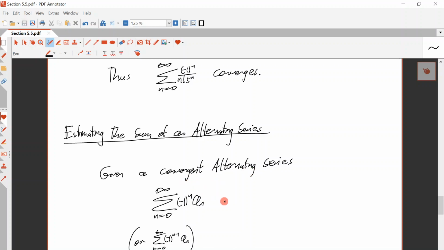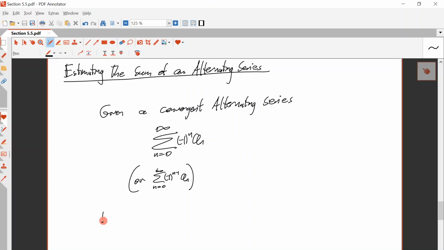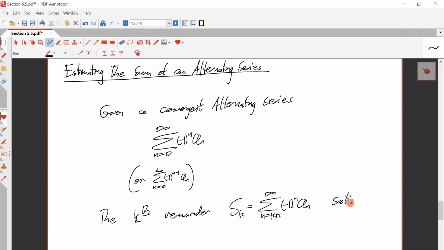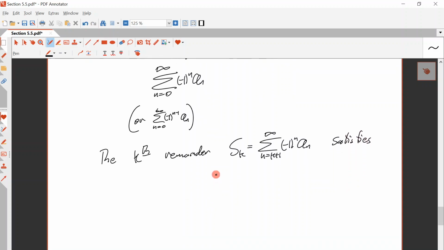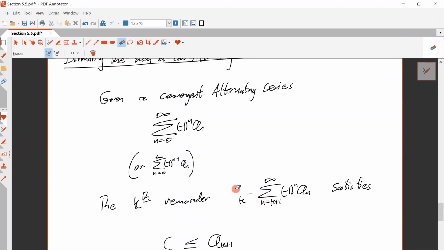Given a convergent alternating series, the kth remainder R_k, which is the sum n equals k plus 1 to infinity of minus 1 to the n, A_n, satisfies that R_k is less than or equal to A_(k+1).